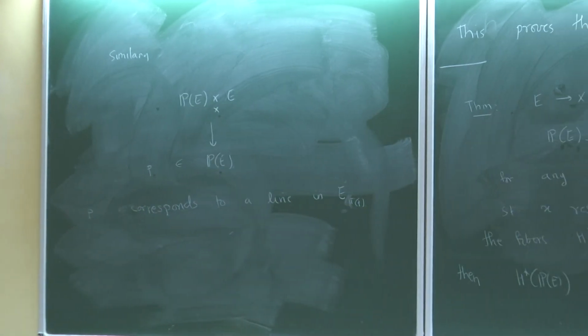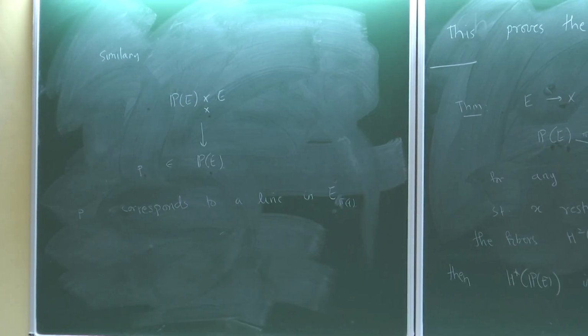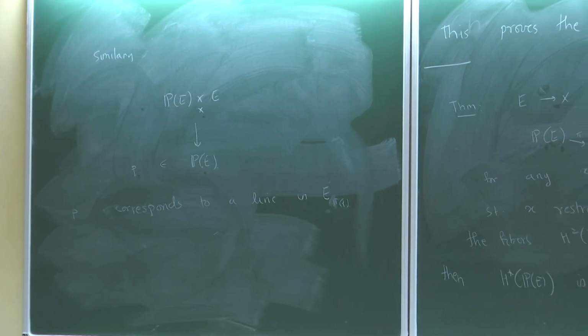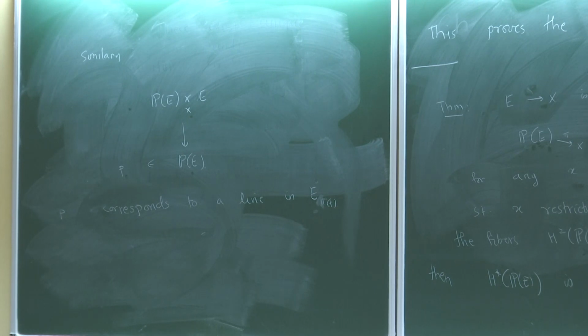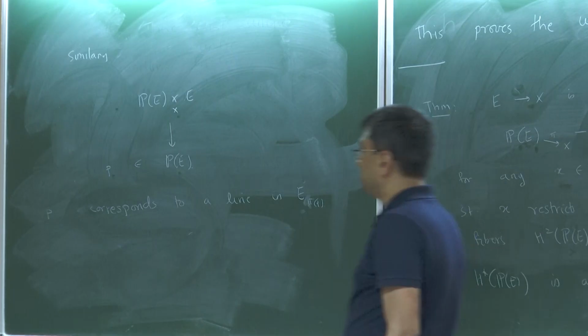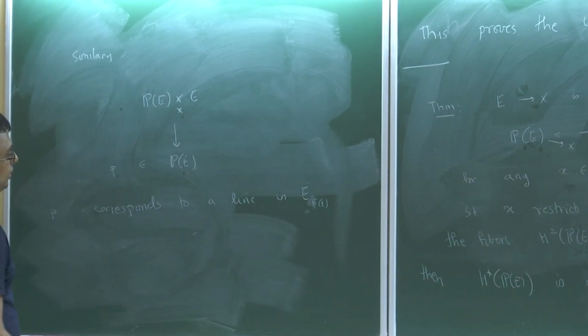It's pi of p. So giving a point of a projectivized bundle is giving a point of the topological space and a line in its fiber. That is what I am trying to say.